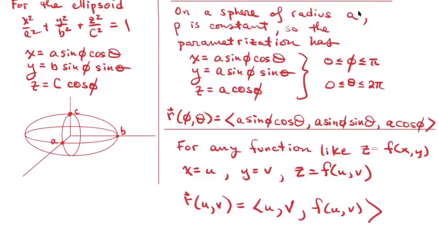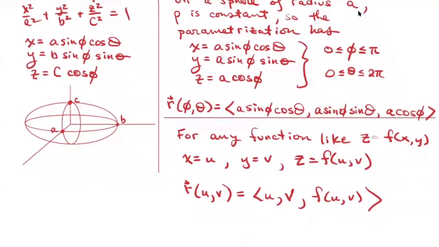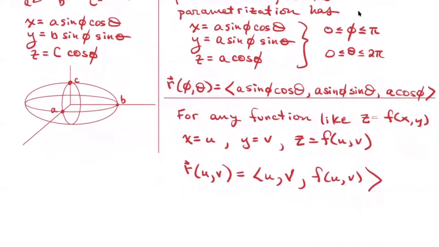Just like that. Okay, so that's two independent parameters that vary independently of each other, and that's an infinite number of points that would trace out a sphere.